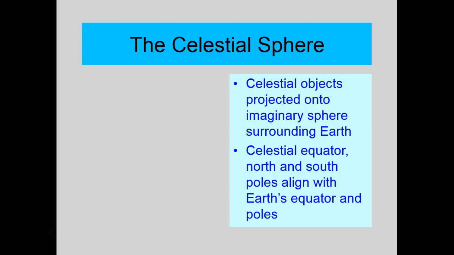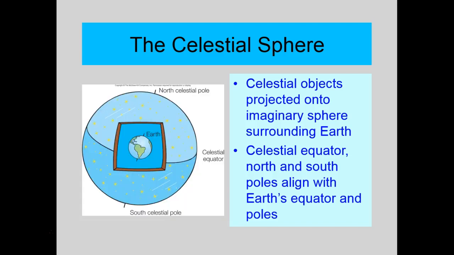The North Pole would be the celestial North Pole, where the North Star is, and there would be a celestial South Pole, where there's no star, but that would still be our South Pole. They align with the Earth's equator and poles. So that's our picture of the celestial sphere. Now, here's how they showed it.